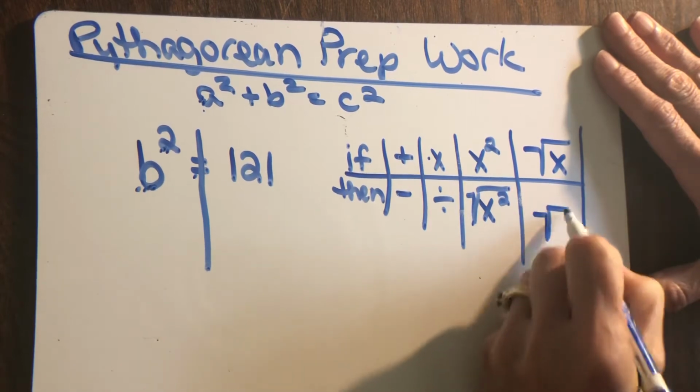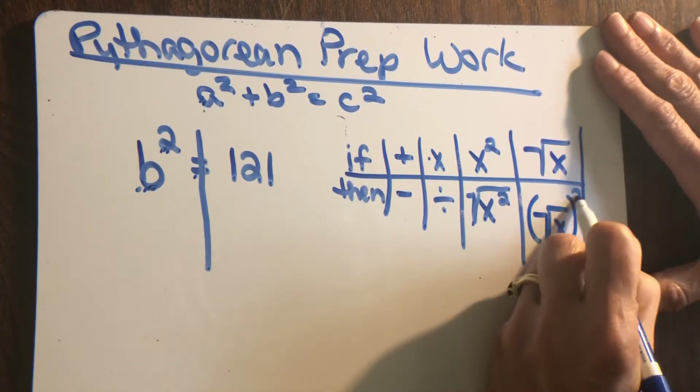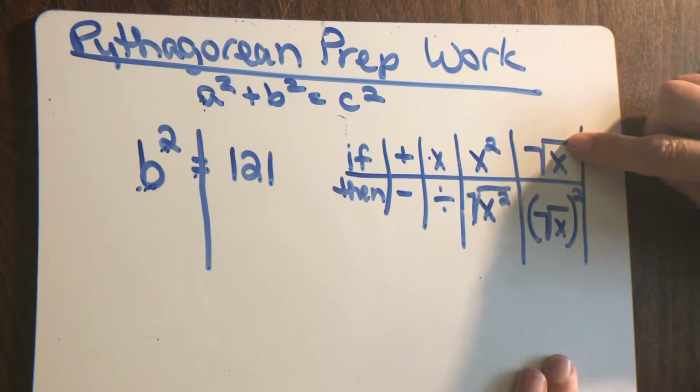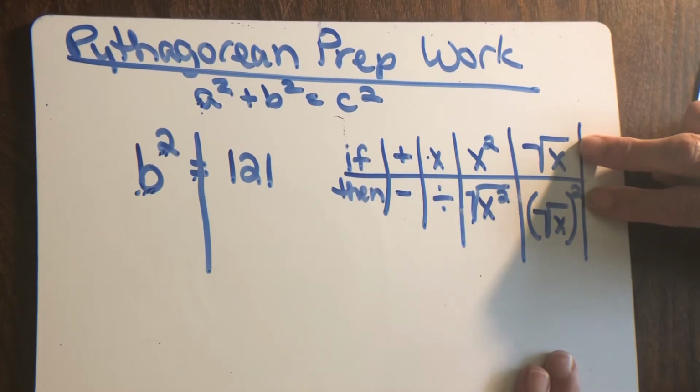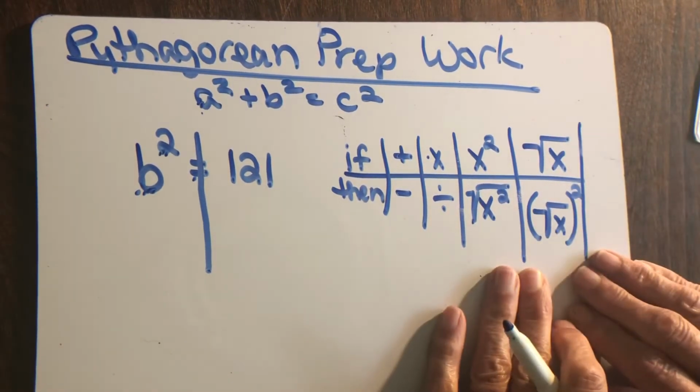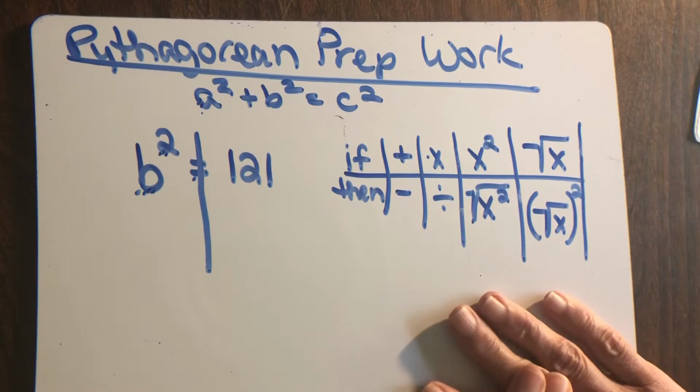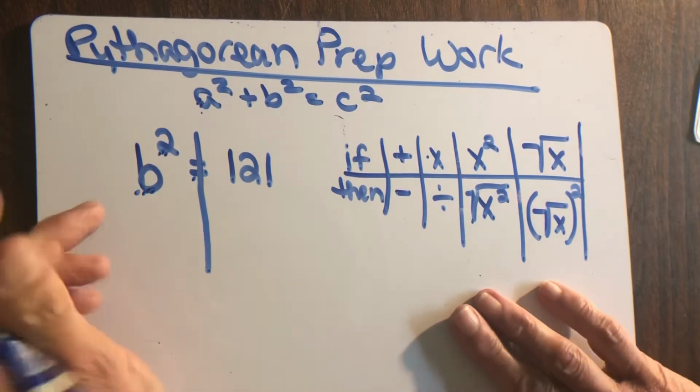Then you need to square that. So the root and the exponent are opposite operations, and that takes some practice.